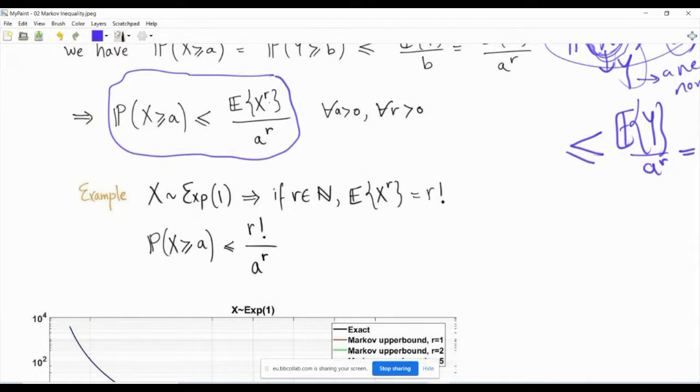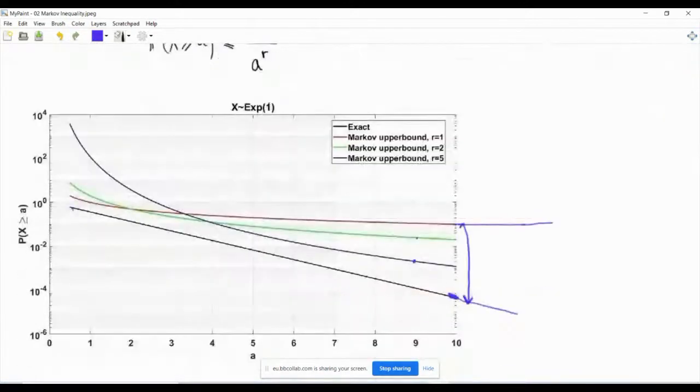So those bounds will work and give you better upper bounds on the tail probability, assuming that those moments are finite. You can start getting better upper bounds in some situations. In some other situations, this may not work.